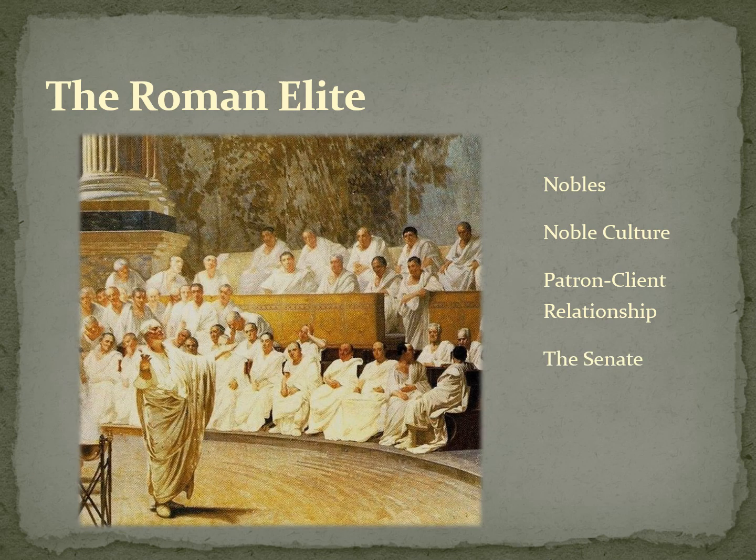Of course, the ultimate goal was to one day sit in the Senate, which all high office holders were allowed to do. And it's during this time that the Senate began to acquire more and more power. Now, technically, the Senate was only an advisory body.